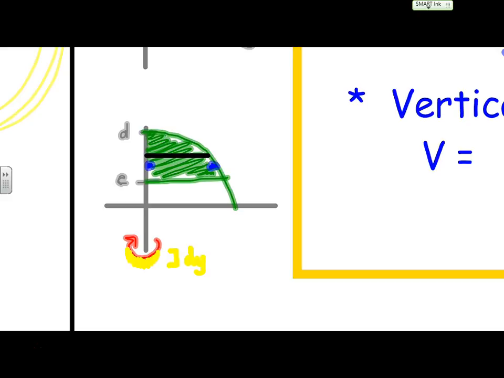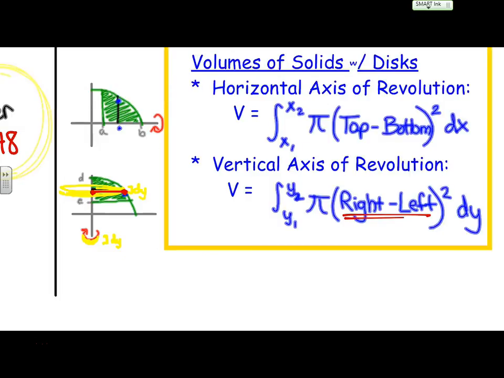Or you could think about if you were to show a representative rectangle, and that's what got revolved around, your circular cross-section would end up having a depth of dy. So remember, if we're rotating around a vertical axis, it's going to involve a right minus left, which you should see in your forever card. Right minus left is going to find our radius. R equals right minus left.